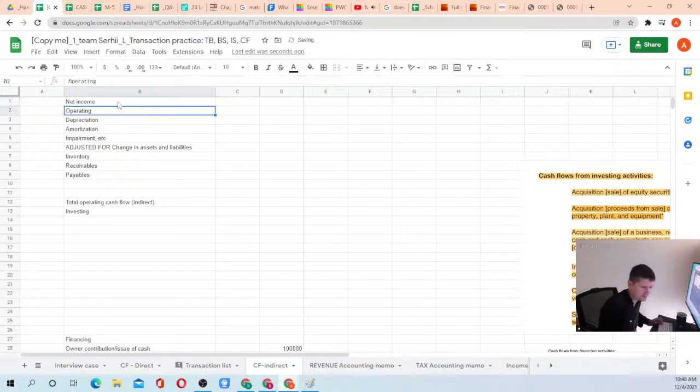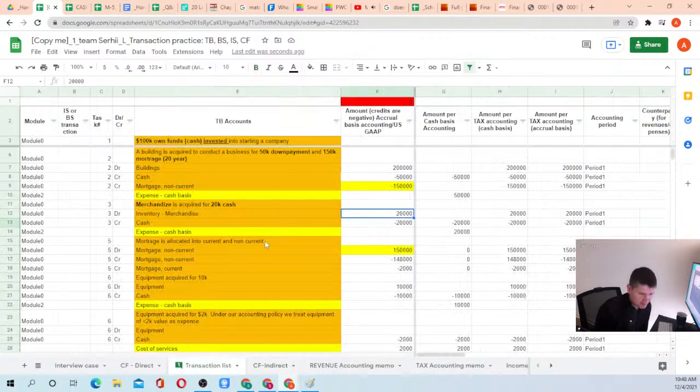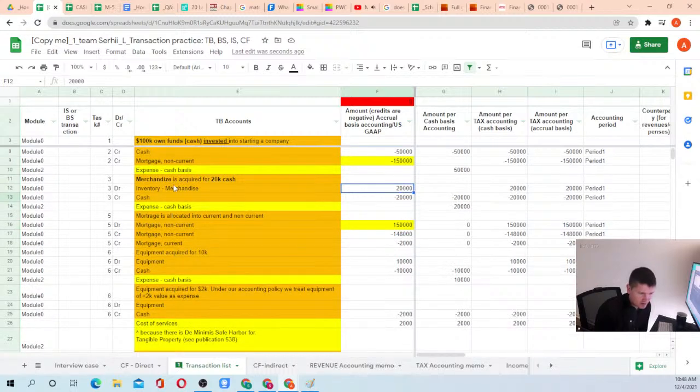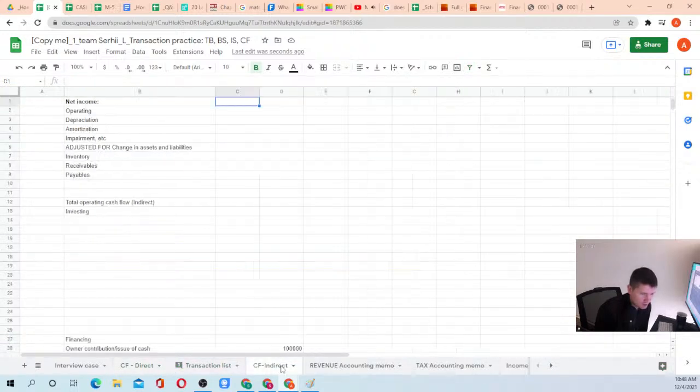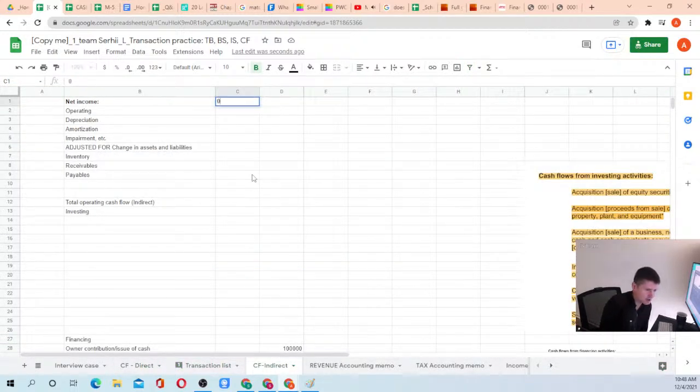So how would I record that transaction under the indirect method? First of all, I have to look if that transaction has an impact on the income statement. At this point, it doesn't have an impact on the income statement. So I record 0 in net income.